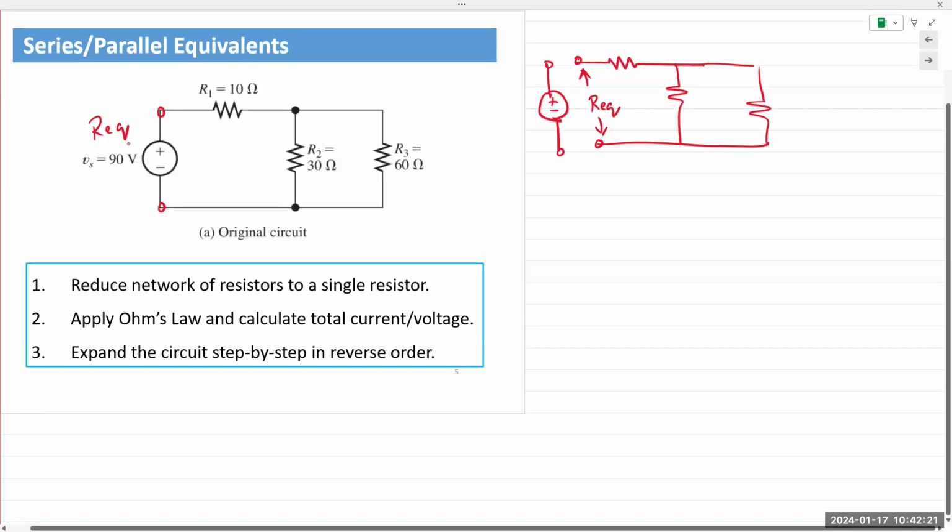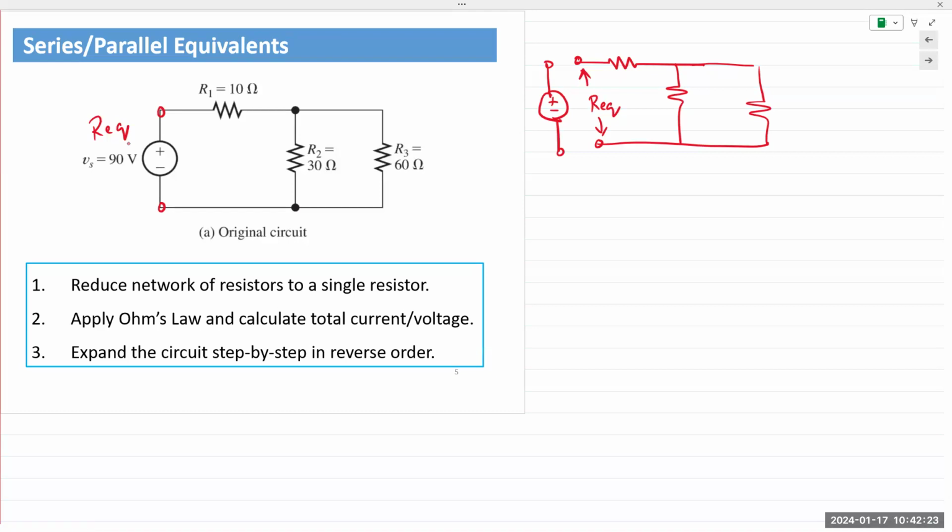Oh, note about passive reference configuration. Current always flows from high to low. That's for passive components, resistors, capacitors, inductors. Voltage always goes from high to low, so it goes from plus to minus. The other side of that coin is that if you know the current direction, then the point of entry is always high, the point of exit is always low.